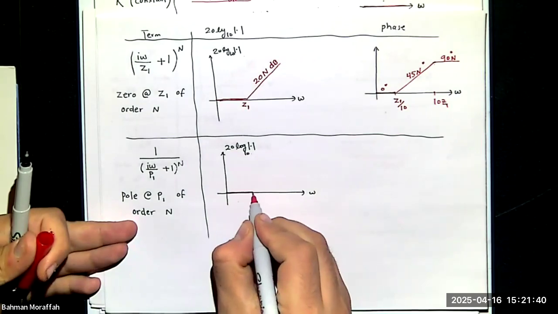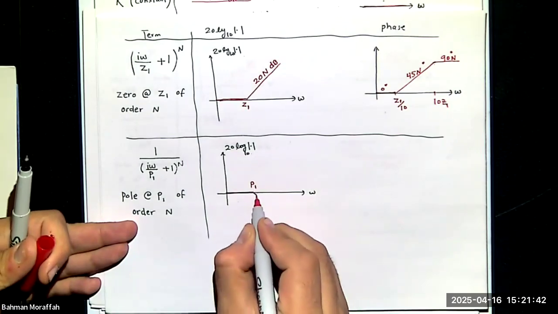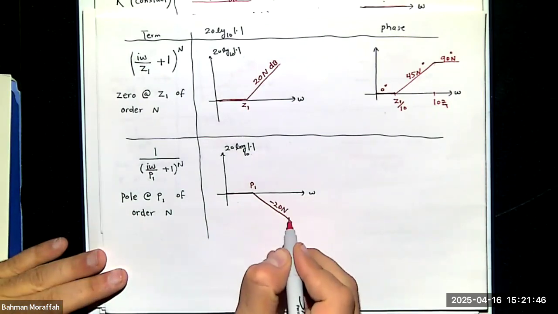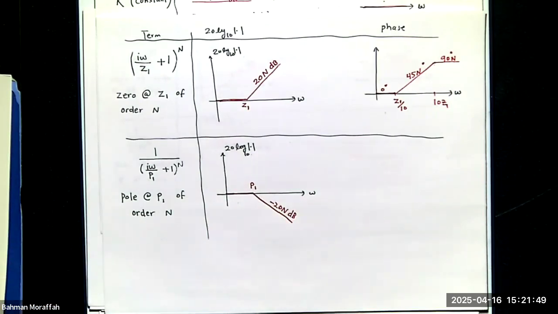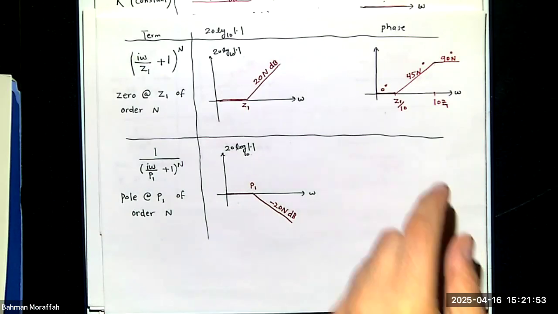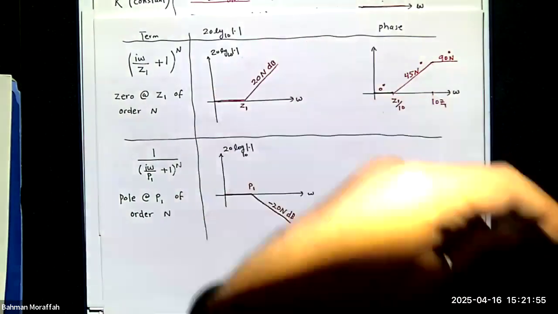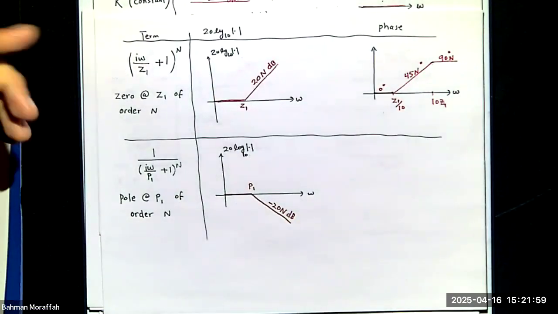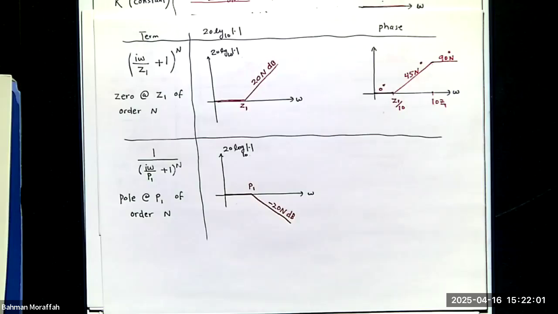Again, I have my breakpoint right at P1, and that goes down by negative 20 times N dB. Right? And the phase, I know it should be this phase flipped. Right? Because it's exactly like this one, it's just on the denominator.